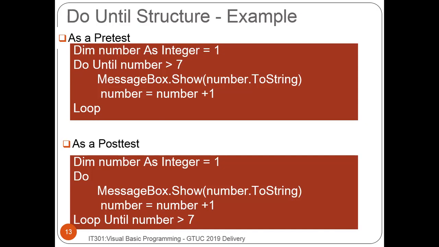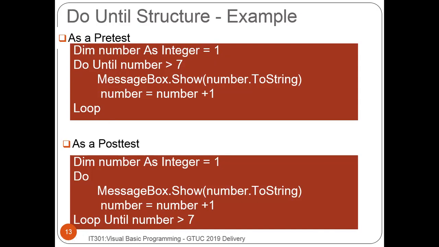So remember that example. We want to output numbers between 1 and 7, or numbers from 1 to 7. So we would use the same analogy. So here we would have number is equal to 1, and the do until will continue to execute as long as this condition here is false. As soon as this condition here becomes true, we would exit this structure.